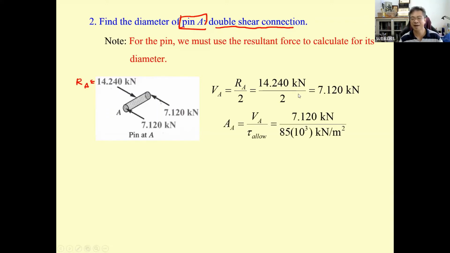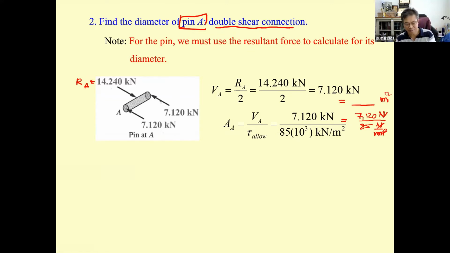And then the diameter is going to be easily determined. It depends on the way you like to compute it. You may use the Newton, and over here, 85 megapascal, 85 Newton per millimeter square, and you're going to get the answer in millimeter square.